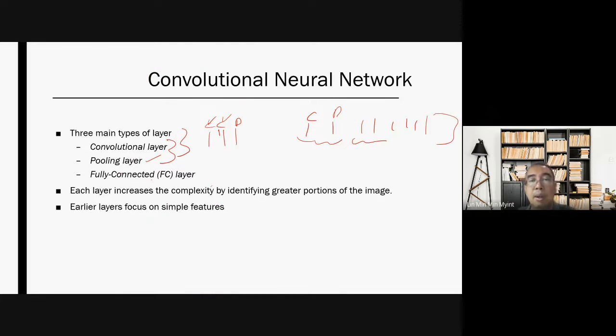So the convolutional neural network can be built or modeled with those three main types of layer.